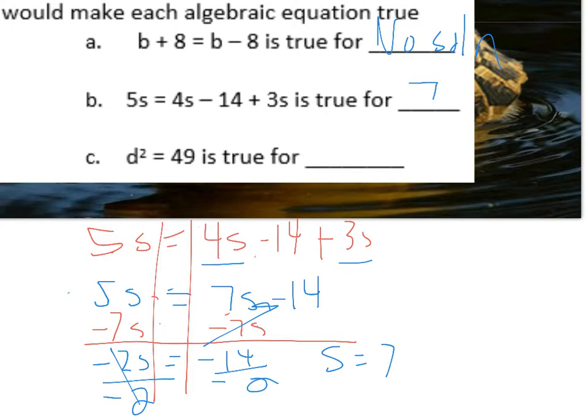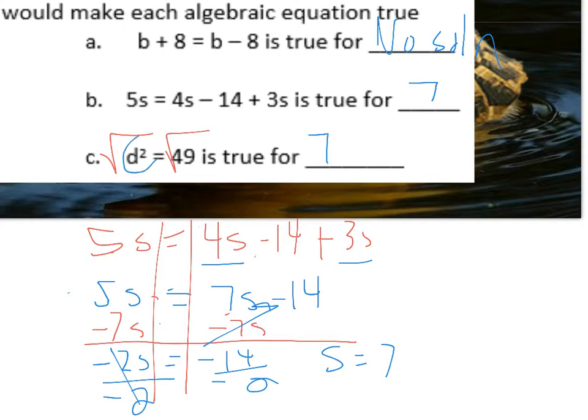Now the next one, this one's not real hard. d squared is equal to 49. If you're really fancy, you can take the square root of both sides to get d by itself. Or you can think of what number times itself is 49. Now the first instinct is to say, well, 7. 7 times 7 is 49.